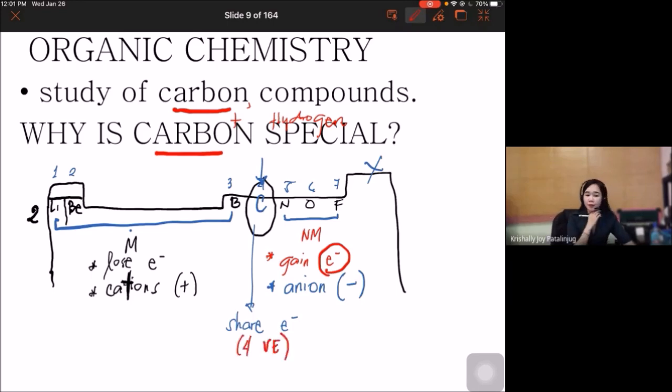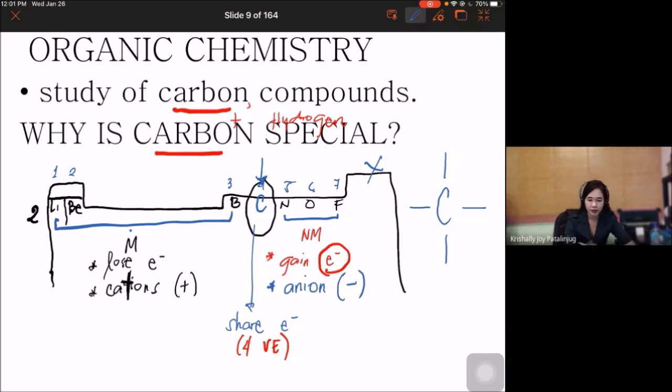So, during chemical combination, bakit sobrang special ni carbon? Kasi willing siya i-share yung 4 niyang valence electron. Always willing niya i-share. Kaya, it always forms 4 covalent bonds.